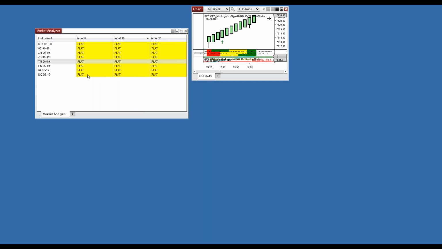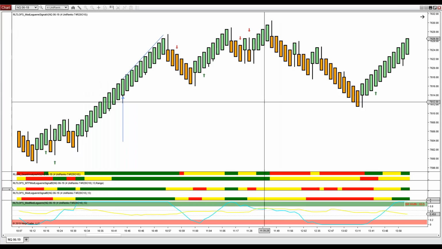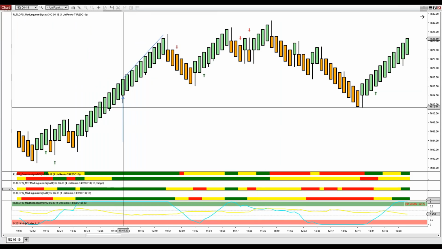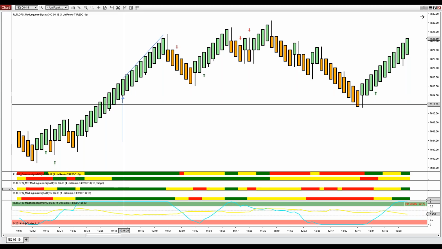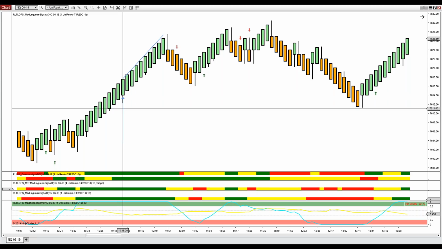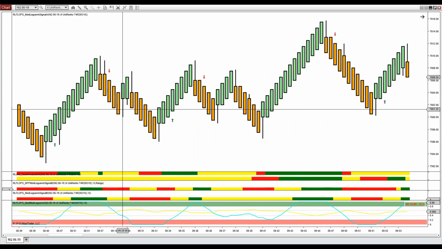As soon as you see a 13 green long, you just pop the chart. Now, you may have to watch it a little bit. This is not a signal entry system. It's where there's a potential entry.